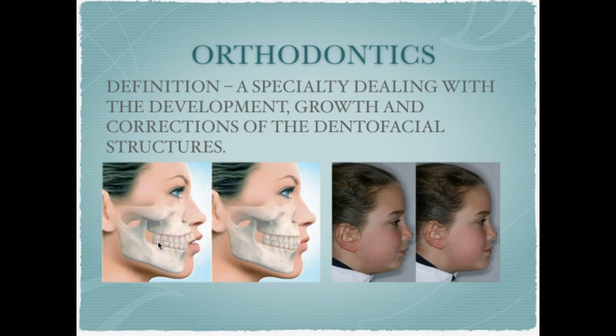And so what orthodontics does is help correct those by tooth movement and mandible movement. You can see here in this photo, even as the child is developing, the profile has changed immensely with orthodontic treatment.